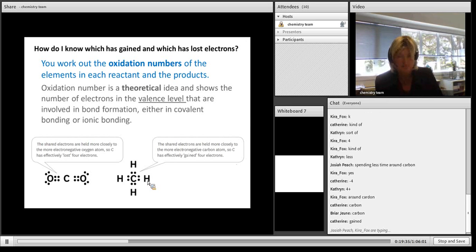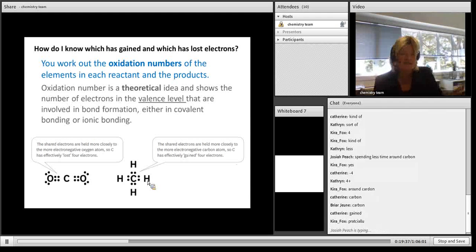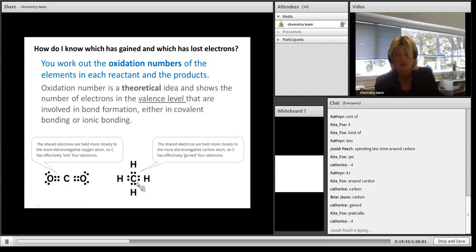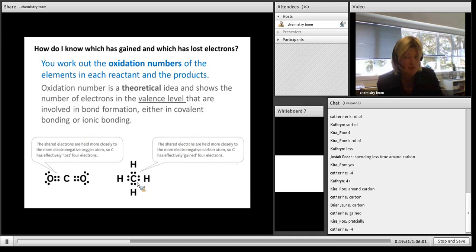Closer to carbon. So has carbon gained those electrons from the hydrogen, or is it the same as before, or has it lost any electrons? It's gained. So what do you think the oxidation number for carbon in this molecule will be? -4 because it's gained those extra electrons.